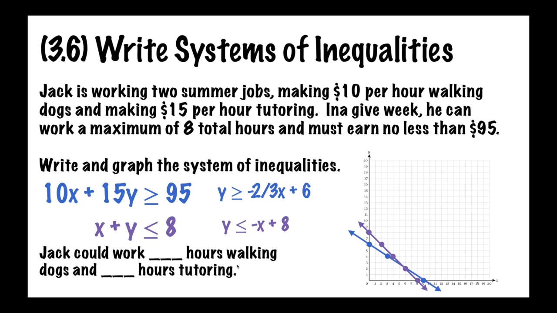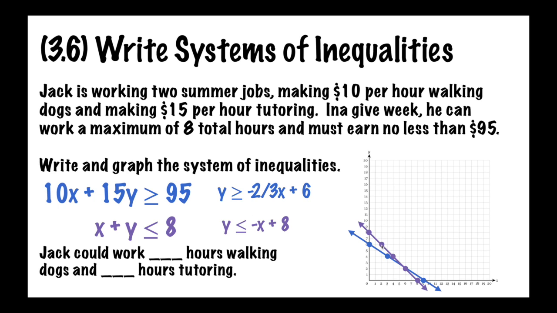And now what we want to do is think about which region here, out of the 4 different options, is going to work for both. Now when I'm looking at the blue line, that is greater than. So because it's greater than this blue line, it would be in this region or in this big space over here. But for the purple one, it ends up being below that line.